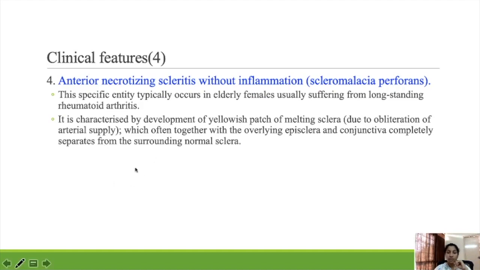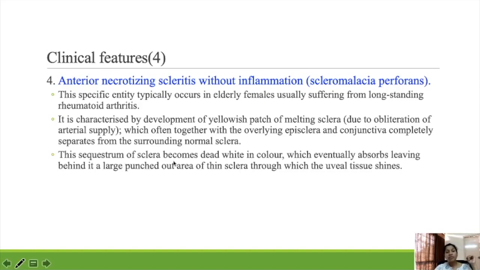So what is happening here, this is mostly seen in elderly females with long-standing rheumatoid arthritis. First there is melting of the sclera, yellowish patches can be seen in the sclera, that is called melting of sclera, and it will get separated from the overlying episclera and the conjunctiva.